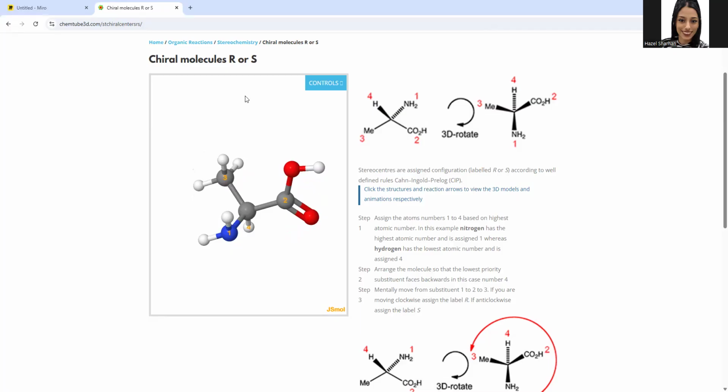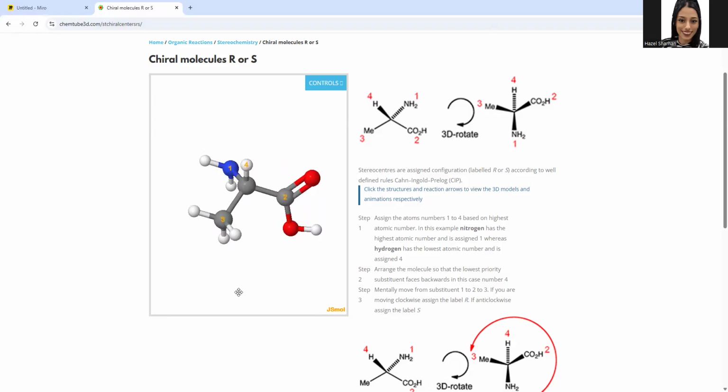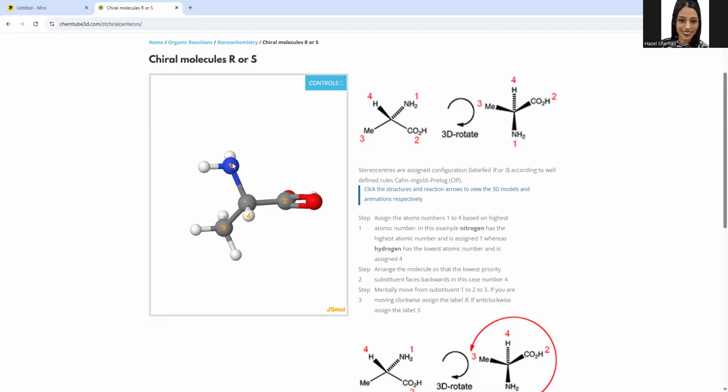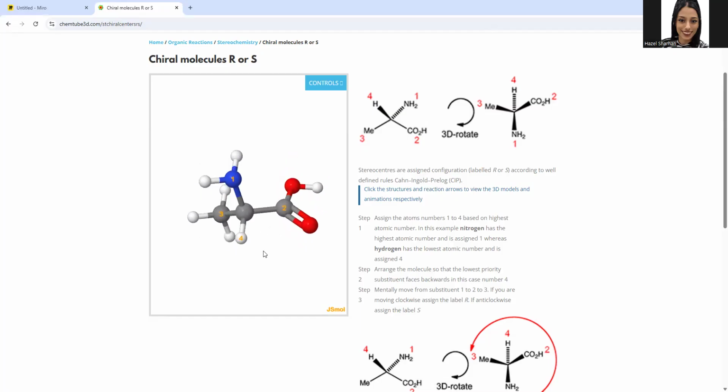However, if we flip it completely, this going 1, 2, 3 is S. But if we make that 4 face us like a wedge, then the 1, 2, 3 is going in our configuration. That's what we're trying to do on 2D paper, which is really hard.